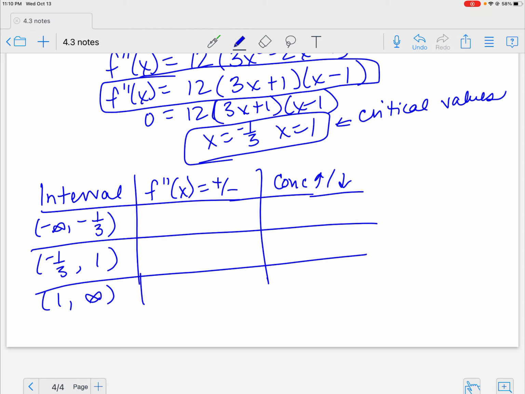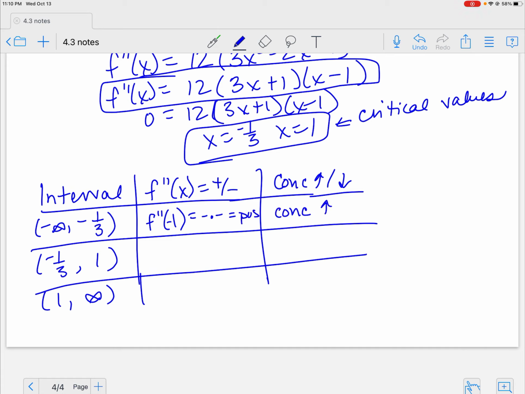Let's see here. Again, nice easy values. I'm going to take negative 1 and plug that into my second derivative, because that's what it's asking for. If I plug in a negative 1 there, I'm going to get negative. Negative 1 there is more negative. So negative times a negative is a positive.